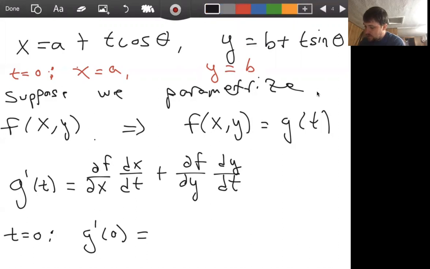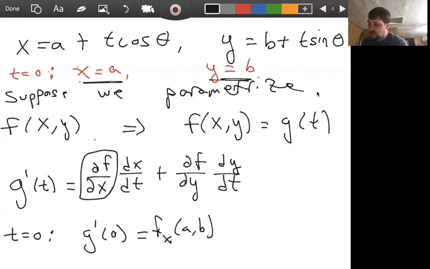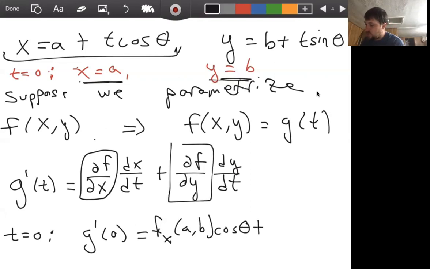So plugging in, I'll rewrite here, df dx, we're at the point a, b. And so this becomes f sub x of a, b. And now what's the derivative of x with respect to t? Well, it's just going to be cosine theta, plus something similar. We have df dy, but again, we're at the point a, b since t is equal to 0.